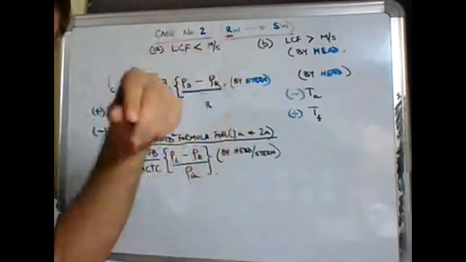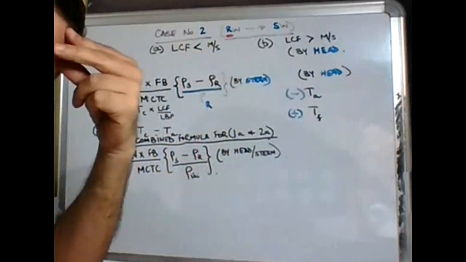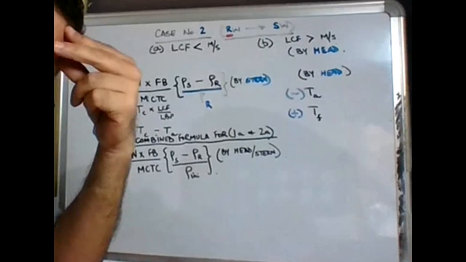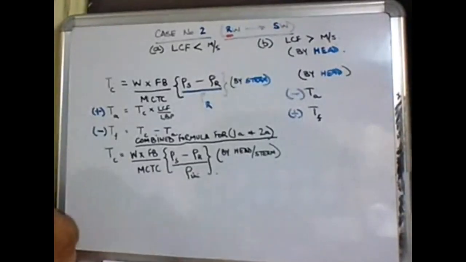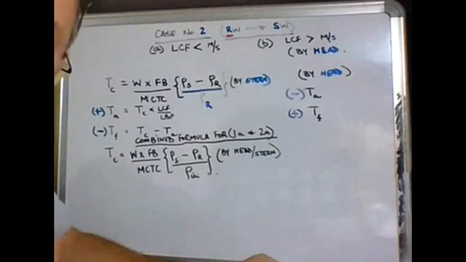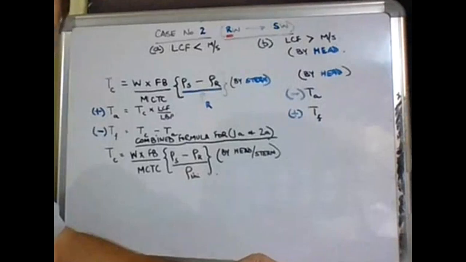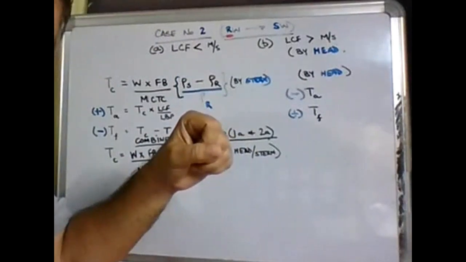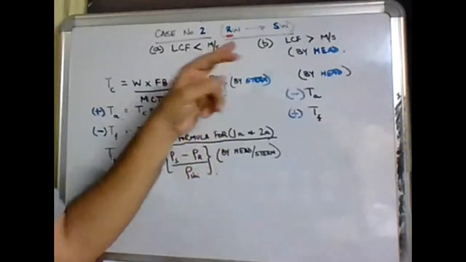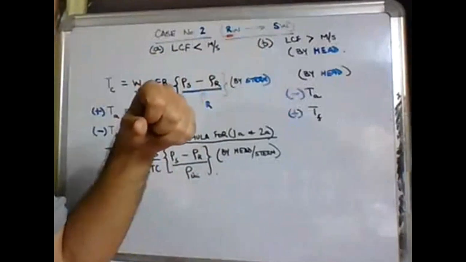So W into BB1 will act उल्टा. Supposing I am doing 1B. 1B में BB जो B1 था वो कहाँ जा रहा था? 1A में पीछे जा रहा था क्योंकि LCF पीछे है. अब जब LCF आगे है तो B1 कहाँ जाएगा?